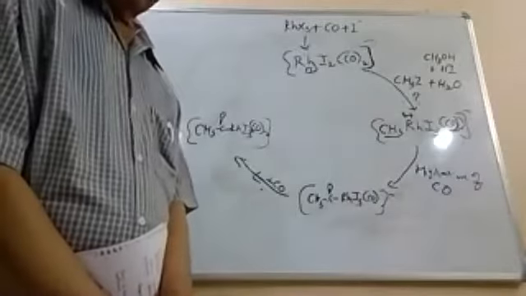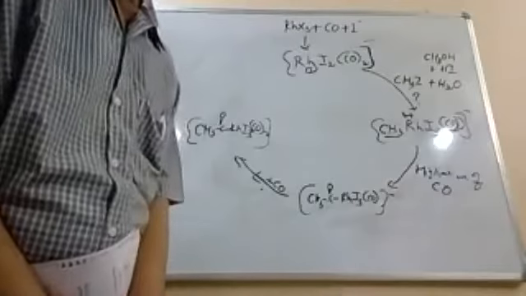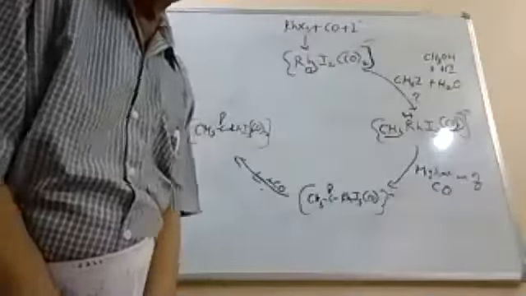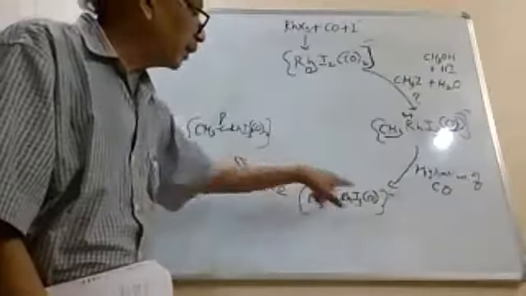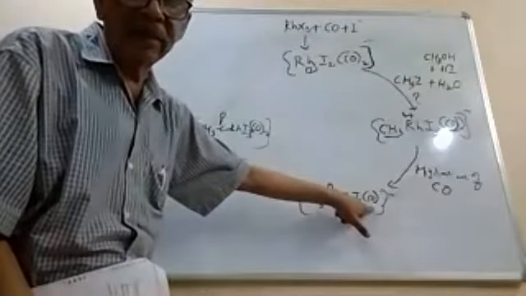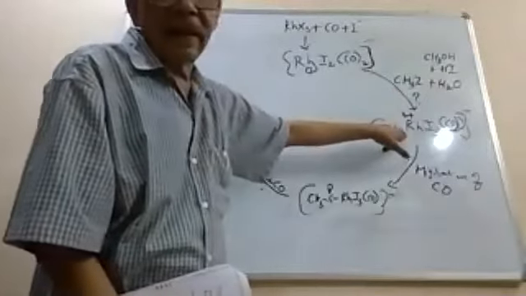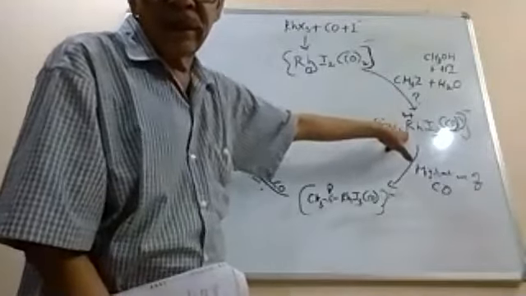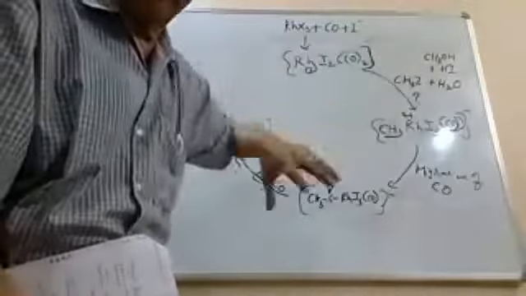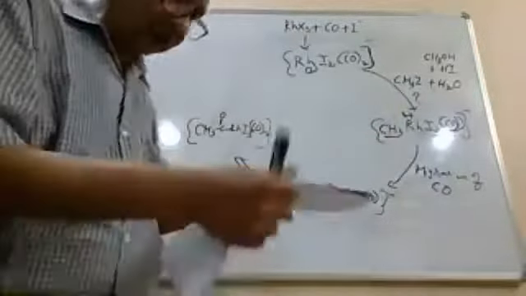Would that be a ligand association? Chris, you're absolutely correct. That's exactly what it is. Carbon monoxide is now getting added to this complex. So this is a ligand association. That is an oxidative addition. So I want you to recognize the difference between these steps here, right?